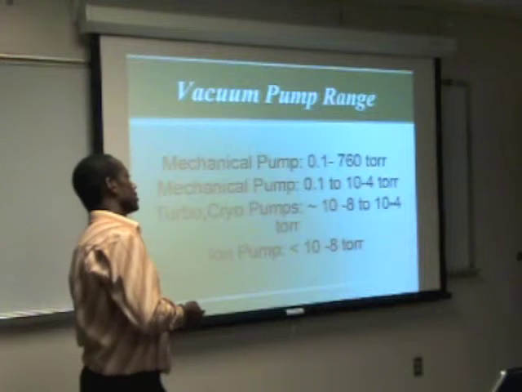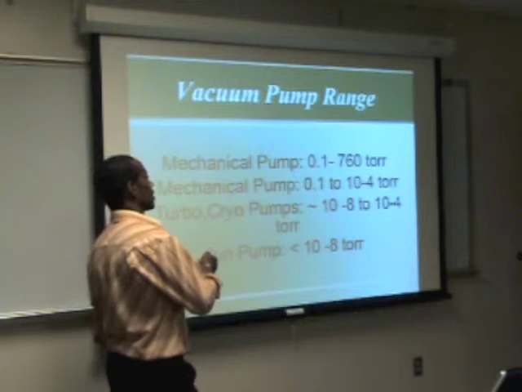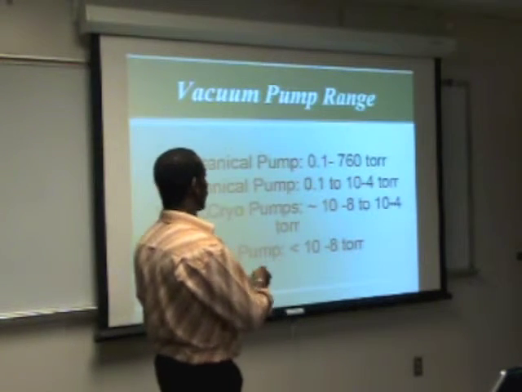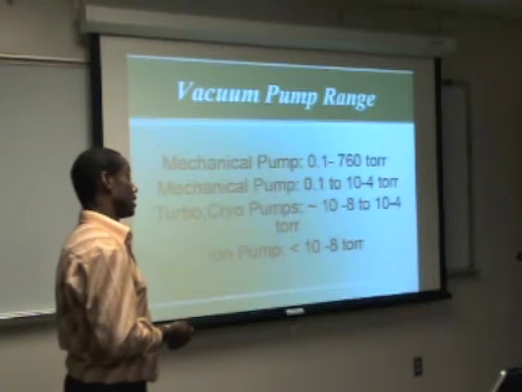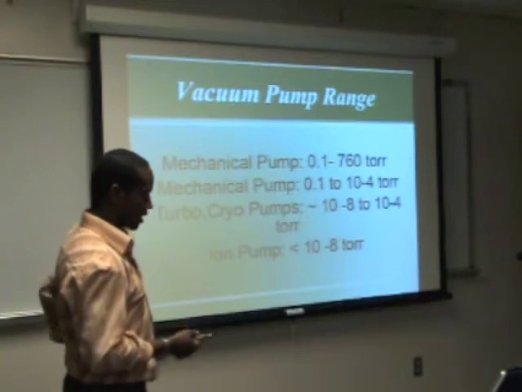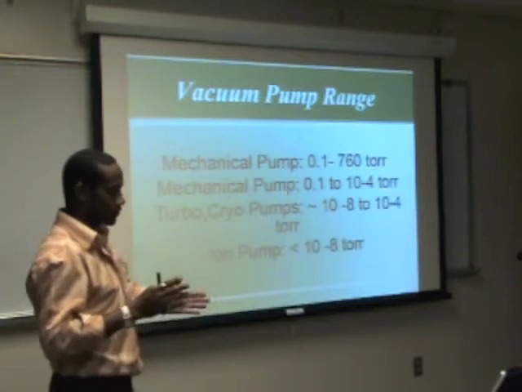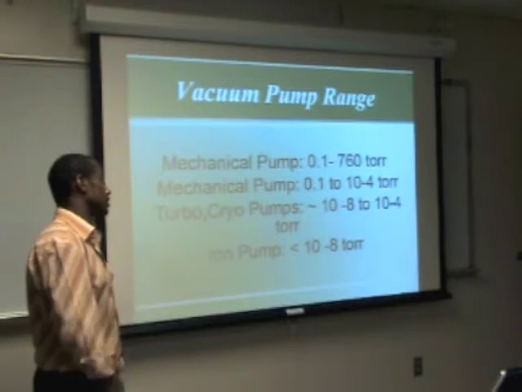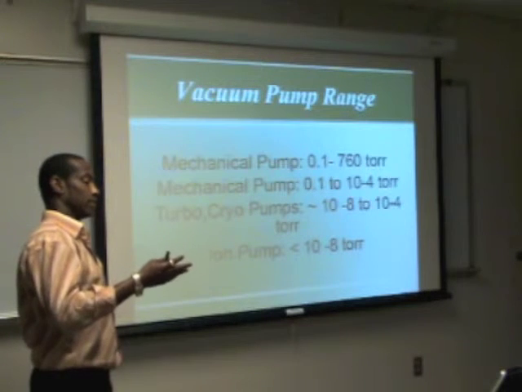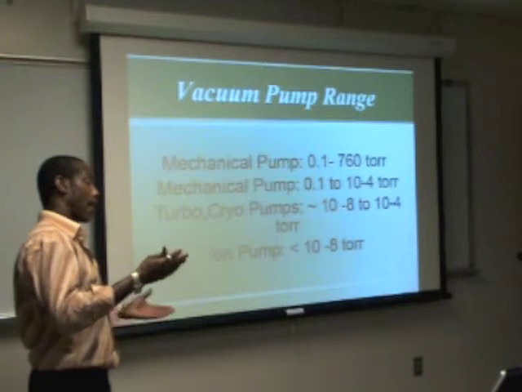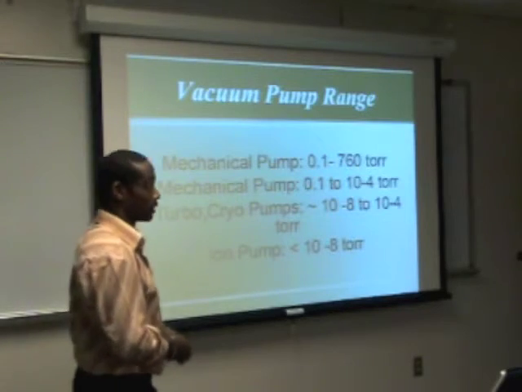Our cryo pumps will go down to approximately 10 to the minus 4 to 10 to the minus 8 torr, and our ion pumps will go even farther down there. Now, ion pumps, I'm not real familiar. Like I said, I just started getting into this area of our technology, but basically, torr is saying how much vacuum we have on our system.